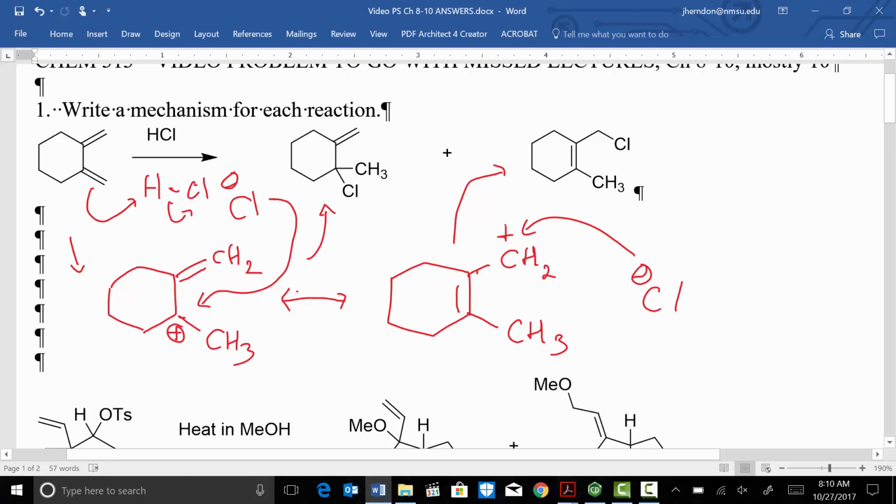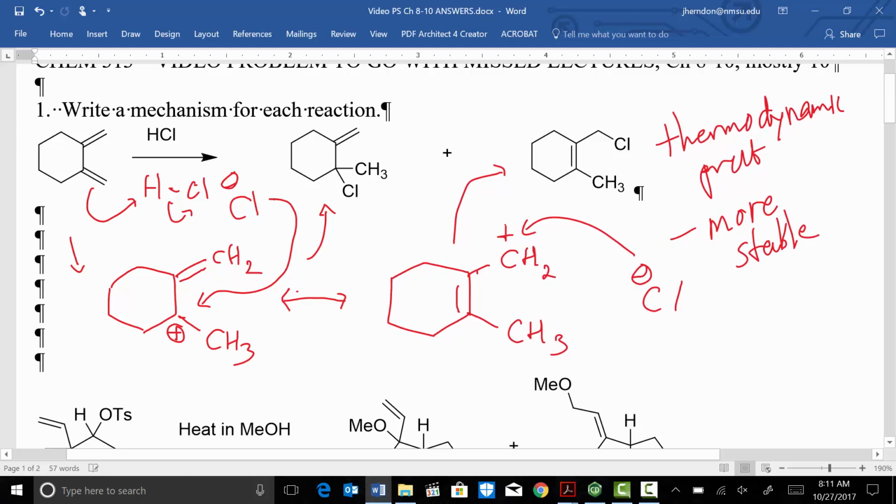As far as which is kinetic and which is thermodynamic, you'd probably say that this is the thermodynamic product, and that's because this one is more stable. And this other one here is probably the kinetic product because it arises from the more stable, more important resonance form.